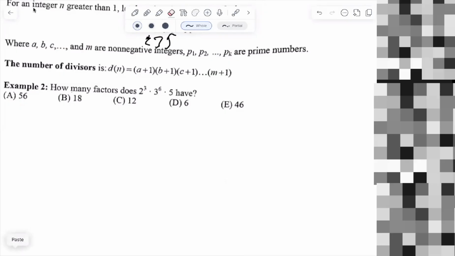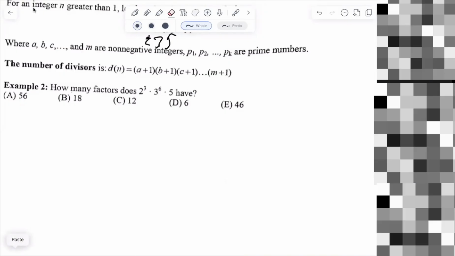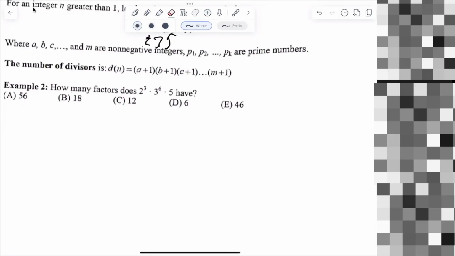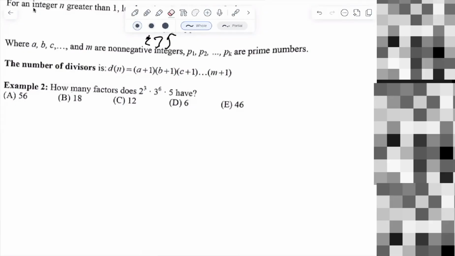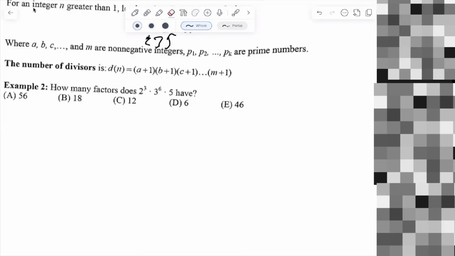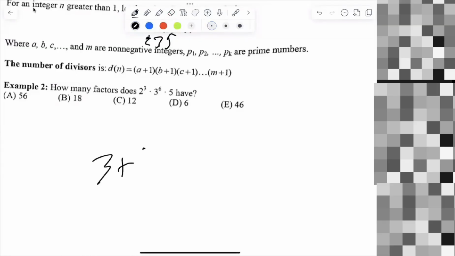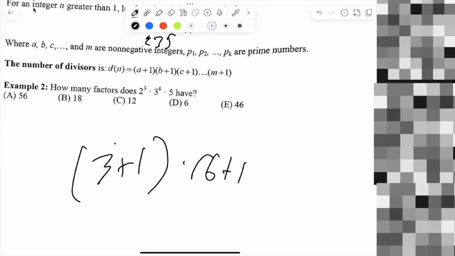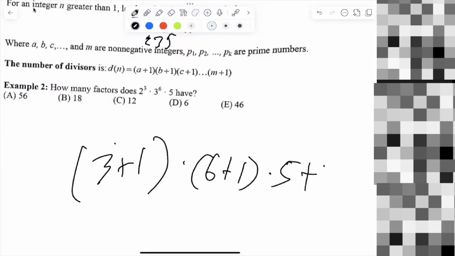All right, let's get started with this question. So basically, the number of factors in 2 cubed times 3 to the 6 times 5. As we talked about that process before, 3 plus 1 times 6 plus 1 times 5 plus 1.